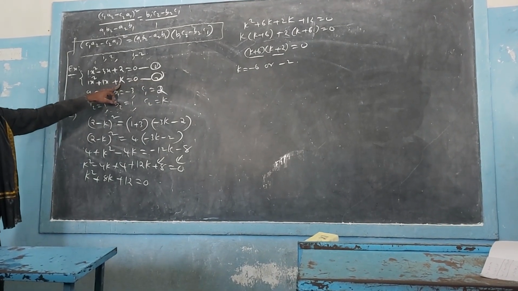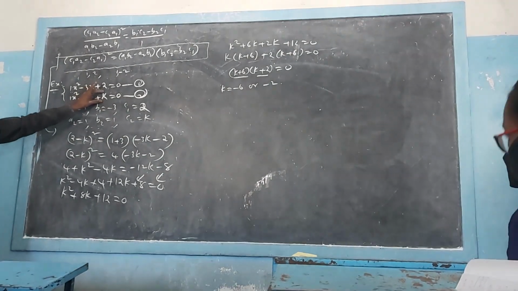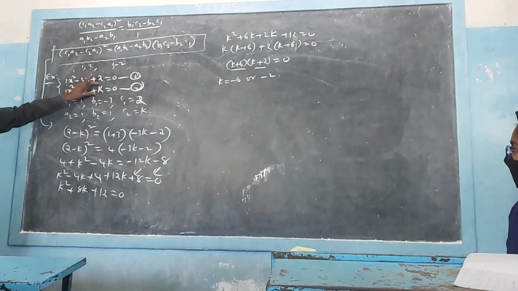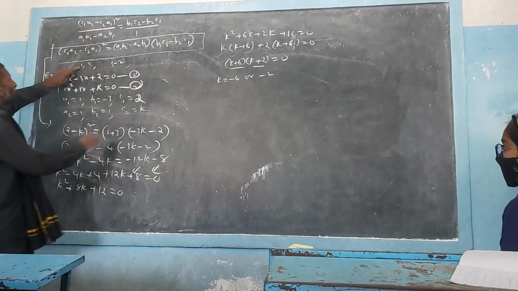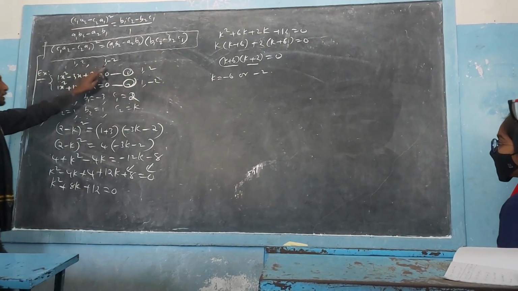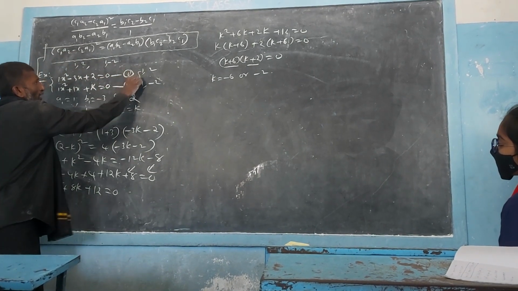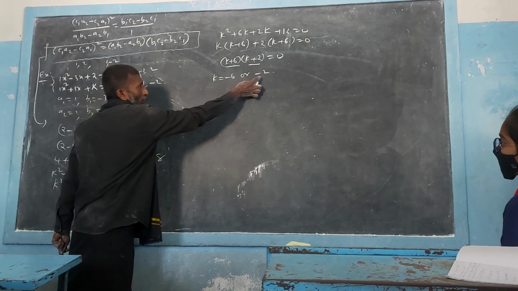Already I said k equals minus 6 is possible. The roots of this equation are 1 and 2 here, and 1 and minus 2. If 1 is the common root, then k must be minus 2.